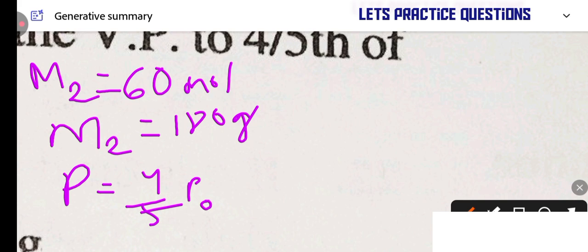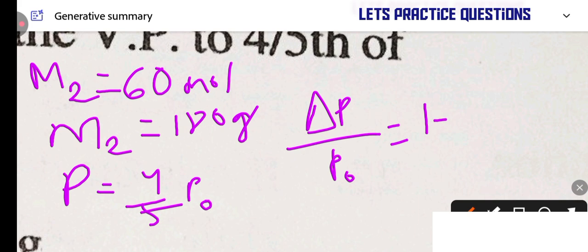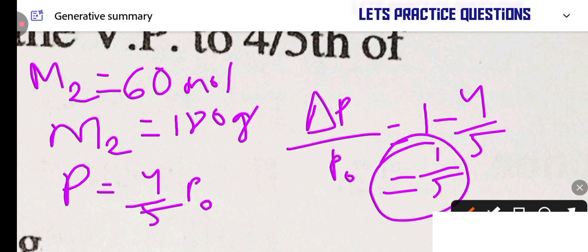The relative lowering of vapor pressure we have to calculate: del P by P naught is equal to 1 minus 4/5, which is 1/5. The relative lowering of vapor pressure is 1/5.